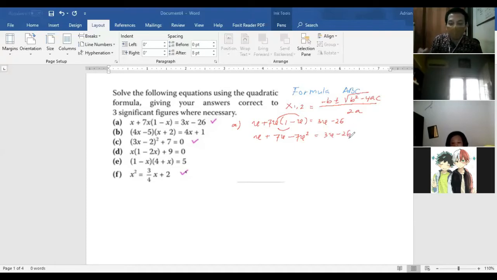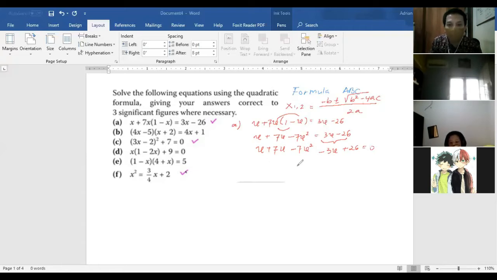As I mentioned before, you have to group all the variables and constants on the left side, and then modify the equation to equal 0. So you have to move all parts on the right side to the left side. So x plus 7x minus 7x squared, and then here, move 6 minus 3x plus 26, right?